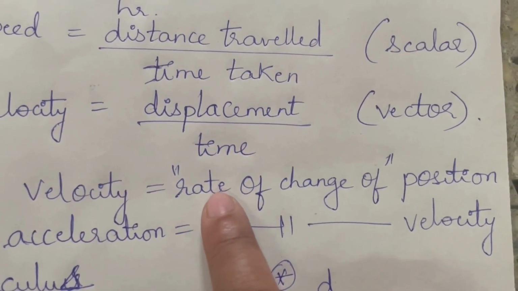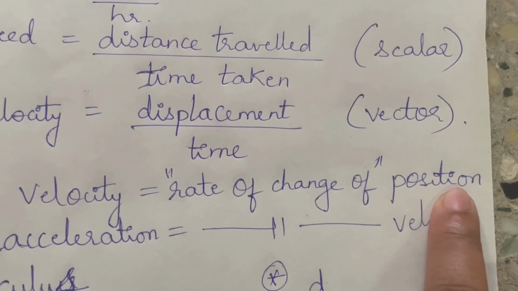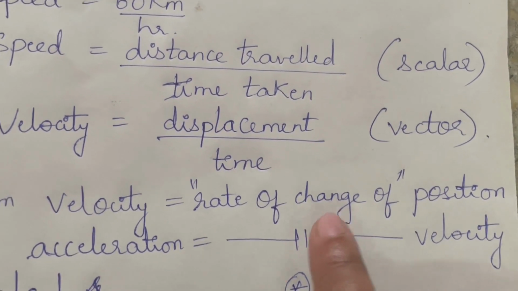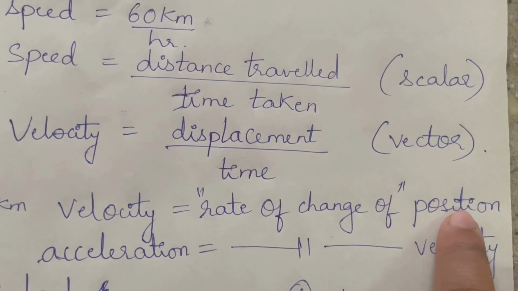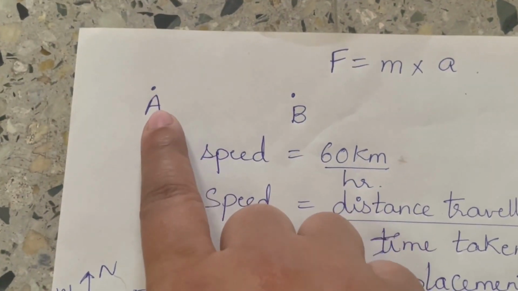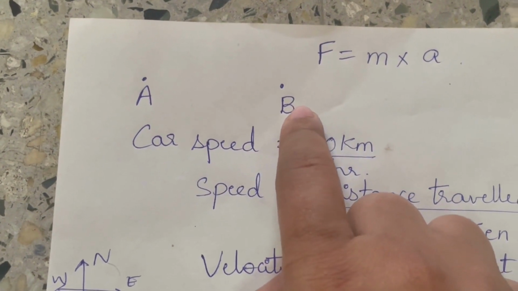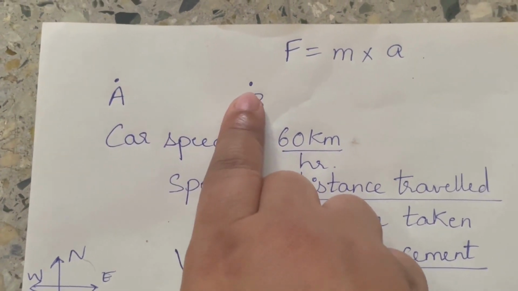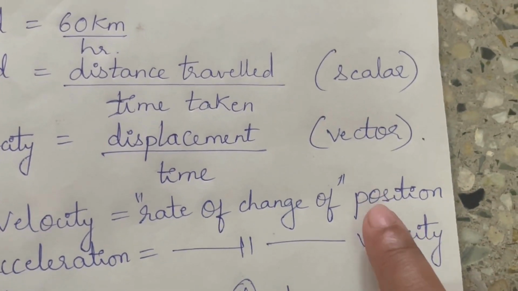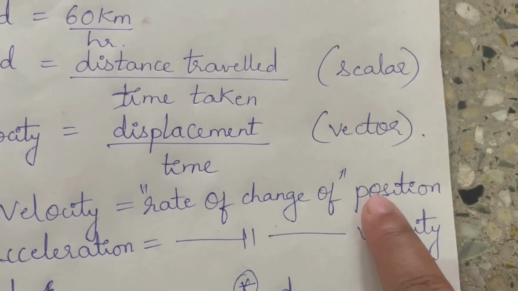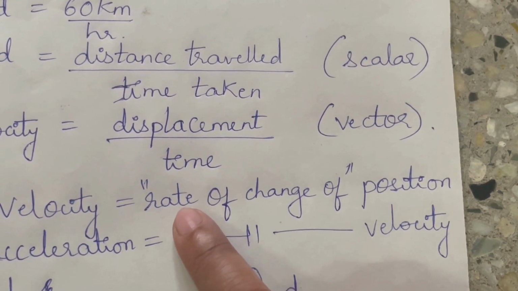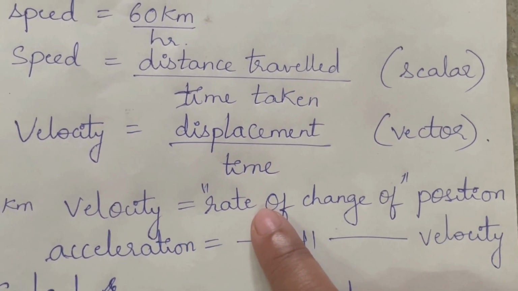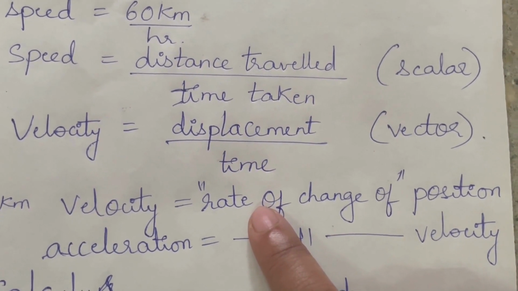Velocity is the rate of change of position. When we say rate of change of, what does it mean? Change of position, we know that we started at A, we came to B. So what is the change in position? From here to here is the change in position. That we know. Whenever we say rate of, it means there is an element with respect to time.